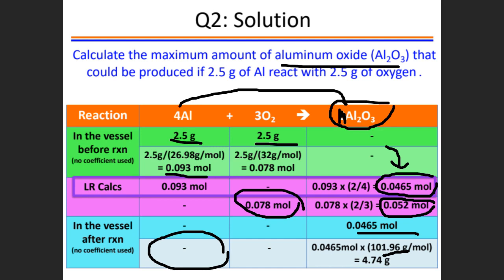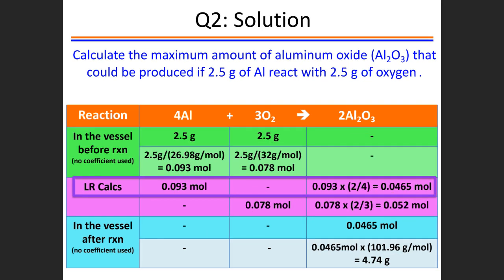Periodic table. So where is aluminum? Here we go. Aluminum is 26.9, that means almost 27. And oxygen, we know that this is 32. Oh, sorry, 16. So go back to our job.